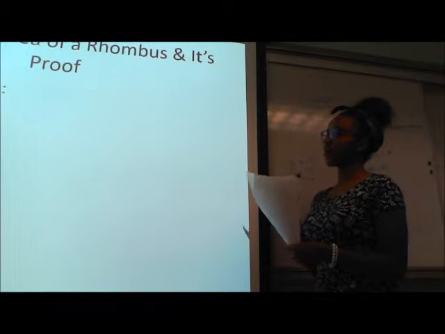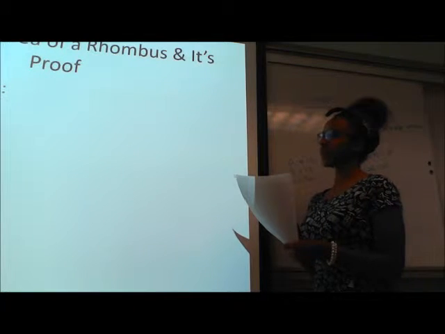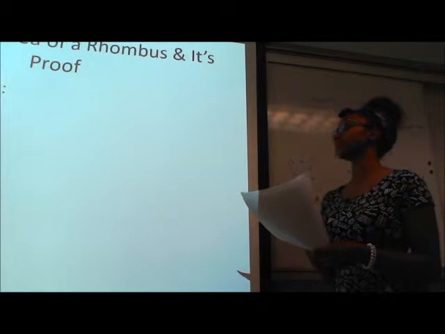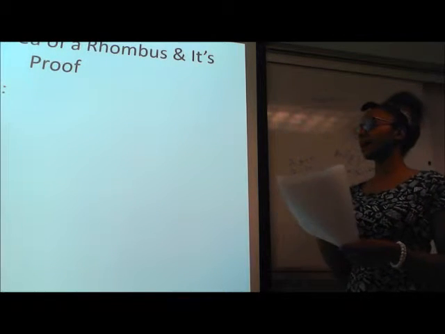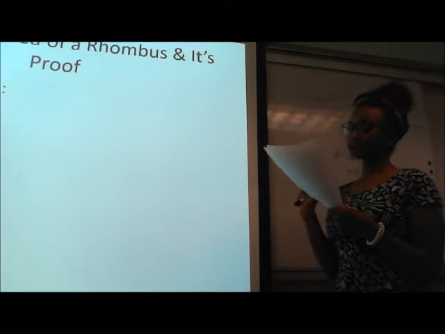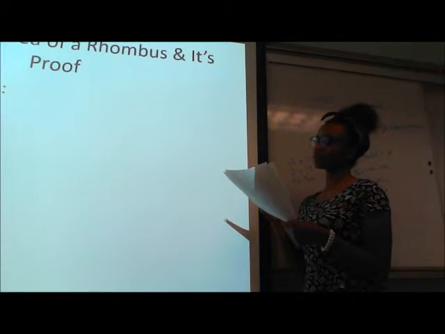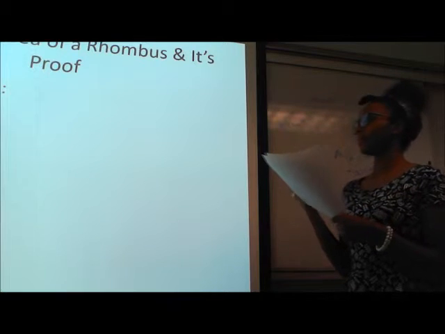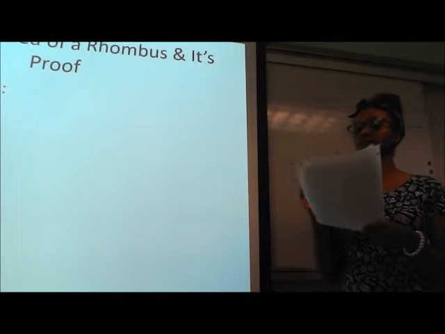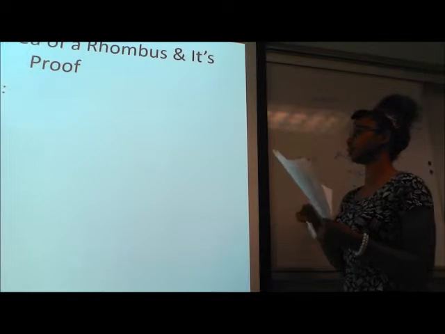Then we have A equals the diagonal 1 times diagonal 2 divided by 2, which is actually called the diagonal method. And the last one we have A equals S squared times sine of a. S equals the length of any side, the lowercase a is the measure of an interior angle, and the sine, of course, is the sine function, which is used in trigonometry.